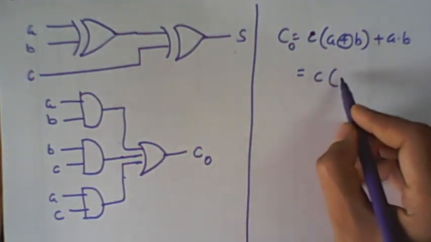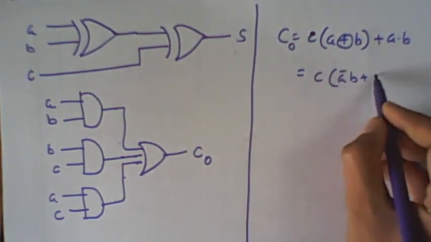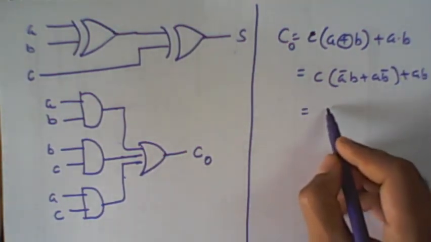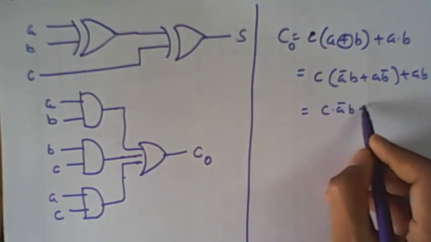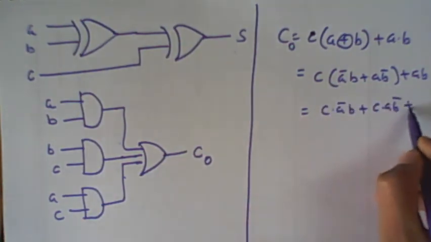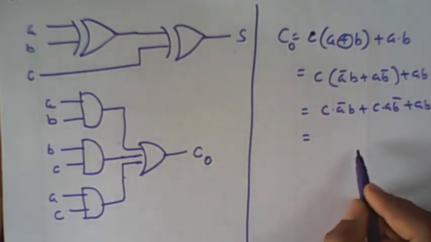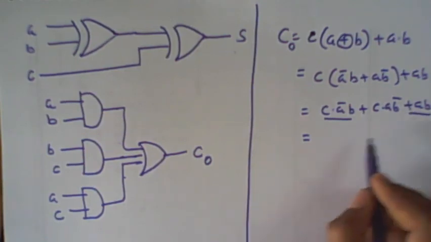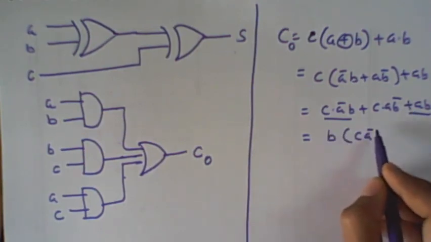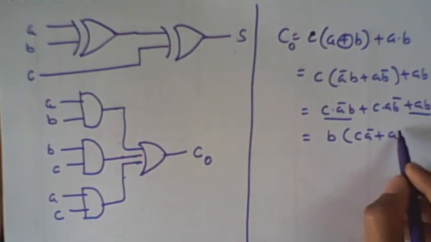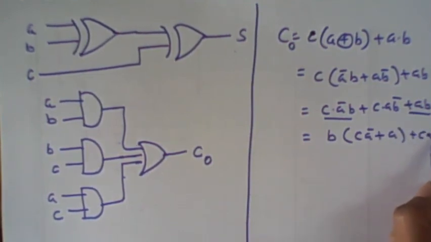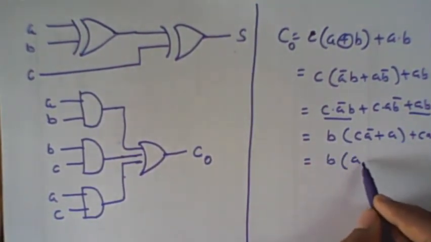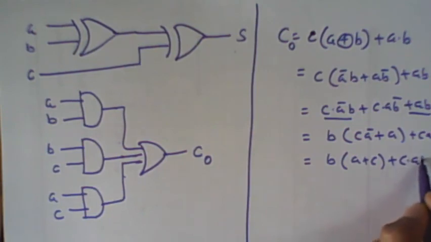Right? So let me distribute it. So A XOR B can be written as A bar B plus A B bar. Right? Let me multiply the C. So it is C A bar B plus C A B bar plus A B. Right? Let me take B common from the first and last term. Then it is A C bar plus A, and this C A B bar as it is. Now we know A C bar plus A can be written as A plus C. Right?